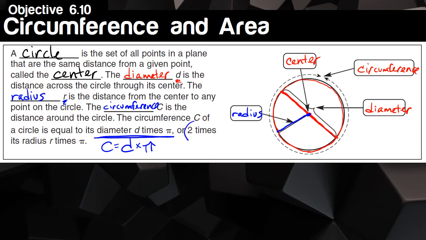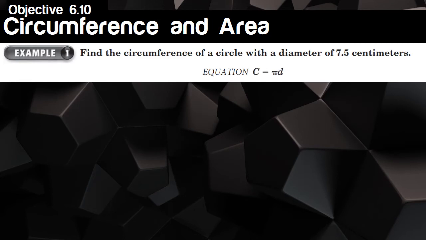Or if you're given the radius in a problem, the circumference is equal to 2 times the radius times pi, since the diameter is 2 radii.